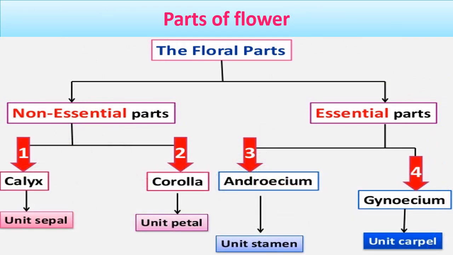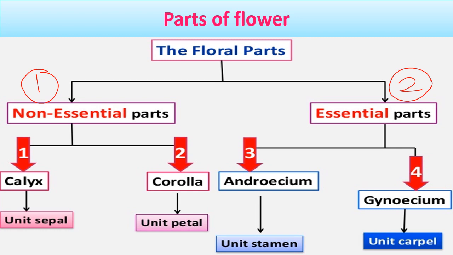So at the beginning we will learn about different parts of flower. Basically there are two different parts in the flower. The first group is non-essential parts, and the second group is called essential parts.